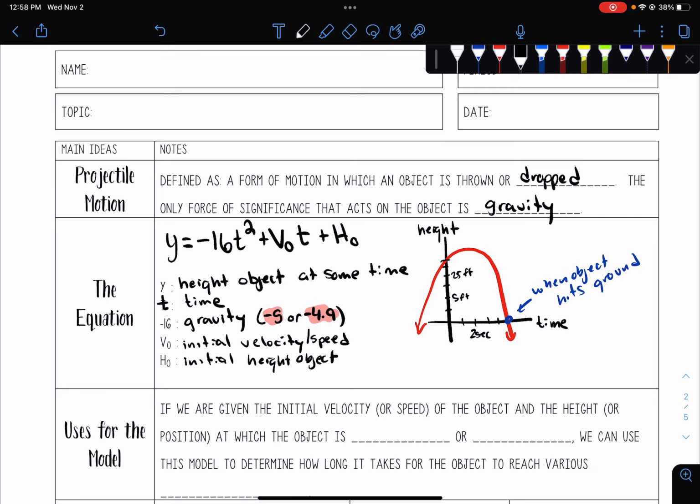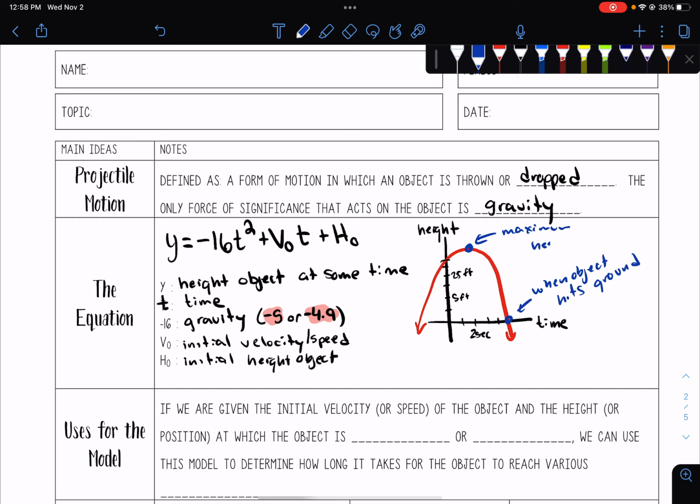So the nice thing about this graph is it looks like what's happening in space, right? The object is getting thrown and it goes higher and higher, and then it reaches this point right here, which maybe we should talk about. We call that a vertex. In the story problem, that vertex is the maximum height, right?